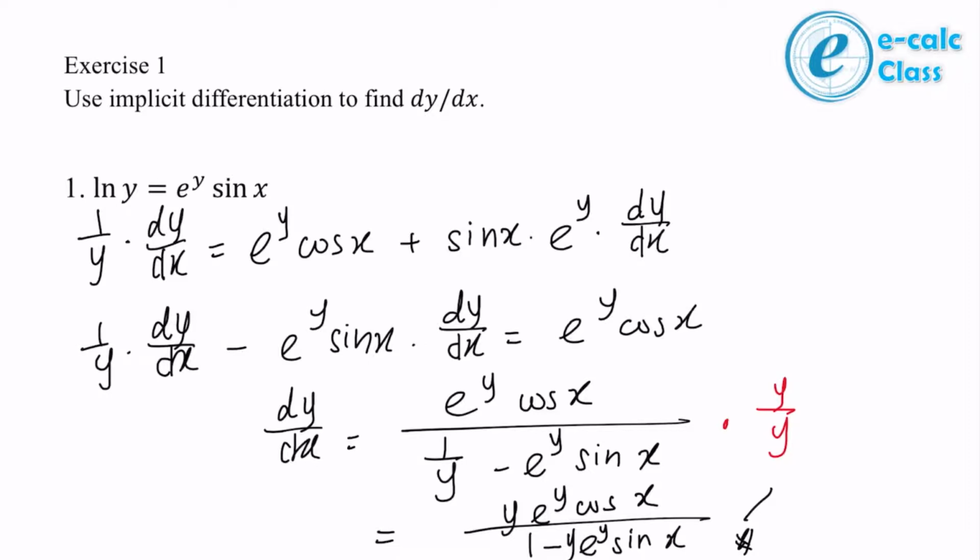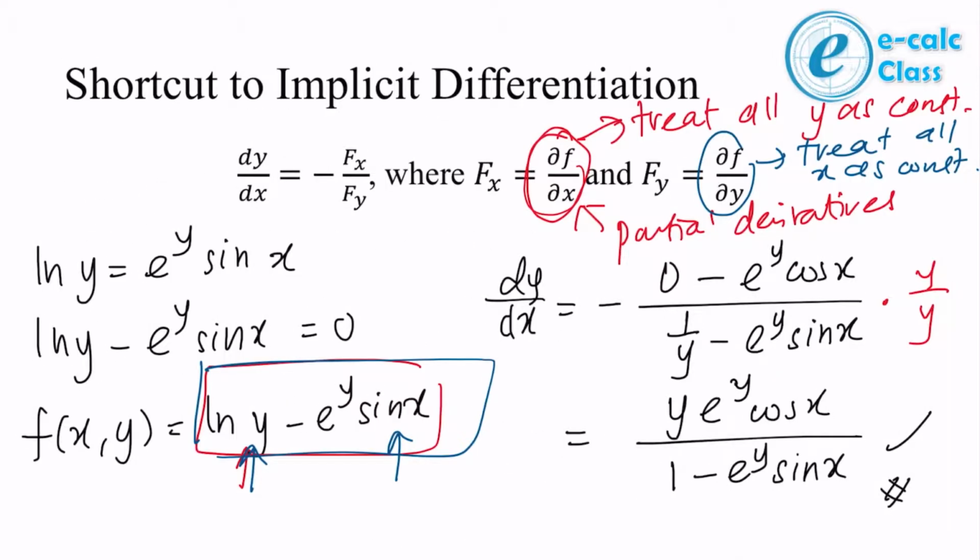So if you are interested in this shortcut, which is partial derivatives, particularly for implicit differentiation, how it works and how we derive this formula, you can go ahead and watch my video from last year. It's actually about partial derivatives and chain rule again. It's up to you which one you want to use, but if you are talking about second derivatives or higher derivatives, it's all the same.